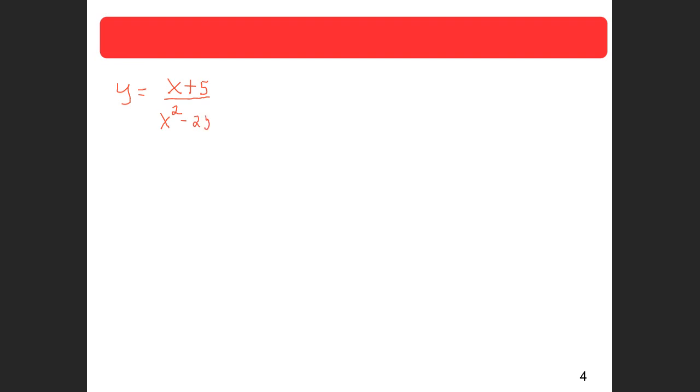What you have to be able to do this week for the assessment is tell me what the domain is, what the vertical and horizontal asymptotes are, and find the x and y intercepts.